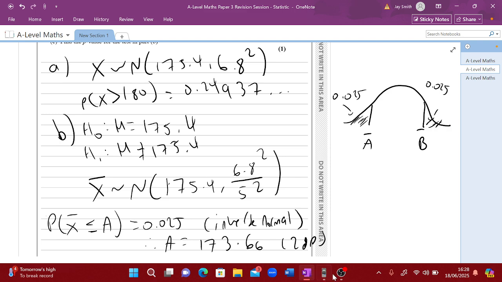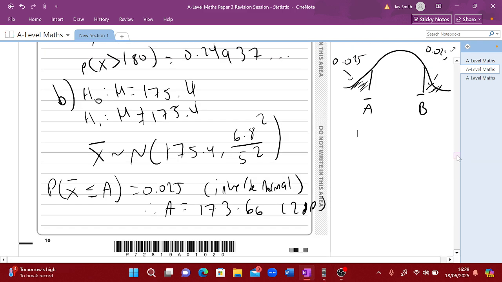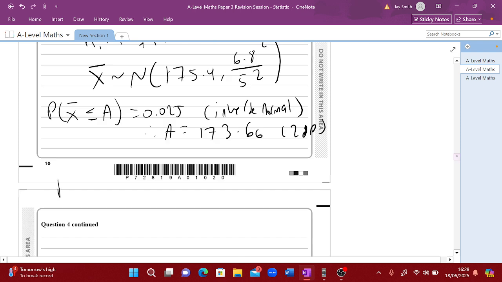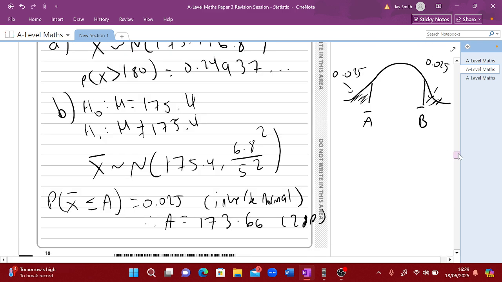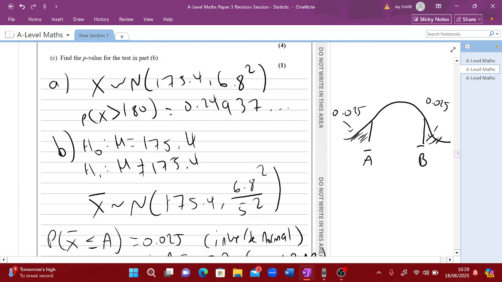Now we're going to say the same thing here. We also want the probability of the mean in the sample being greater than or equal to some other value B. We also want that to be 0.025, so anything higher than B will again be 0.025.